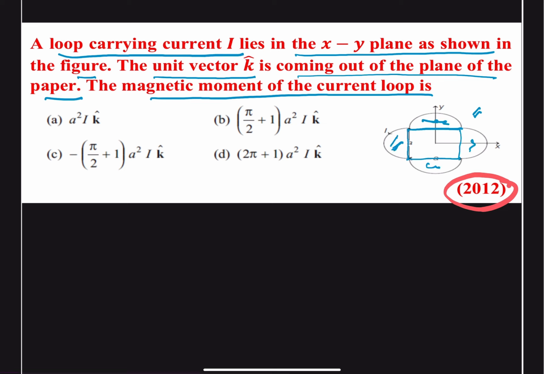So for the magnetic moment, we can break this entire loop into two parts. One will consist of the square and the other will consist of these four semicircles. Okay. And we can just find out their individual magnetic moments and add them.